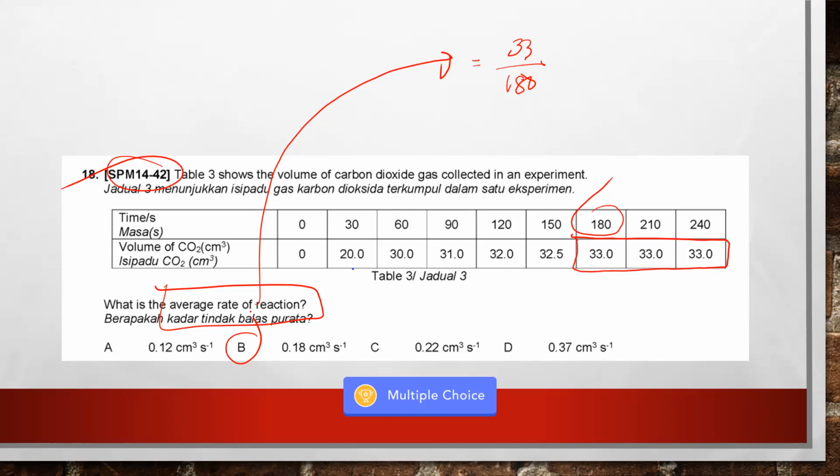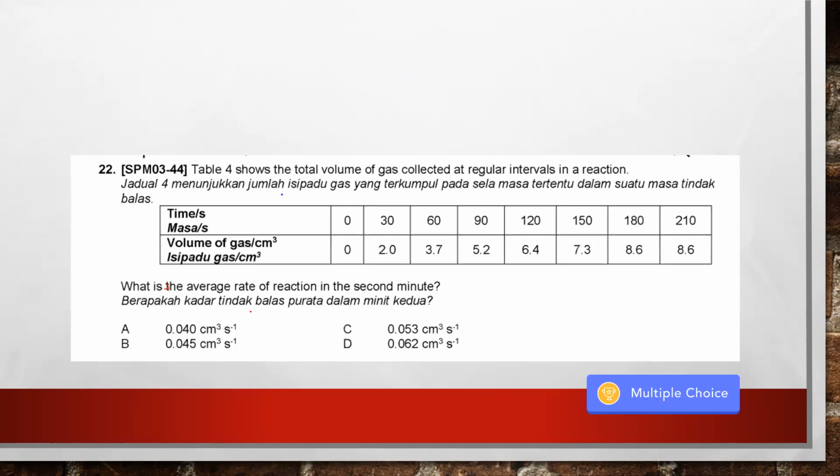Now I'm going to use the same concept. Now we go to the next one. What is the average rate of reaction in my second minute? In the second minute. A lot of difference between the first 2 minutes and the second minute.